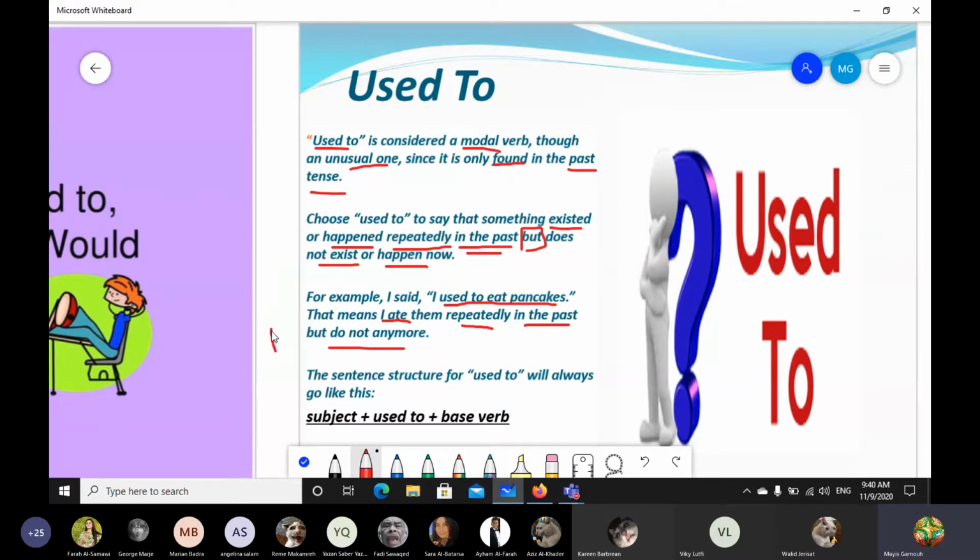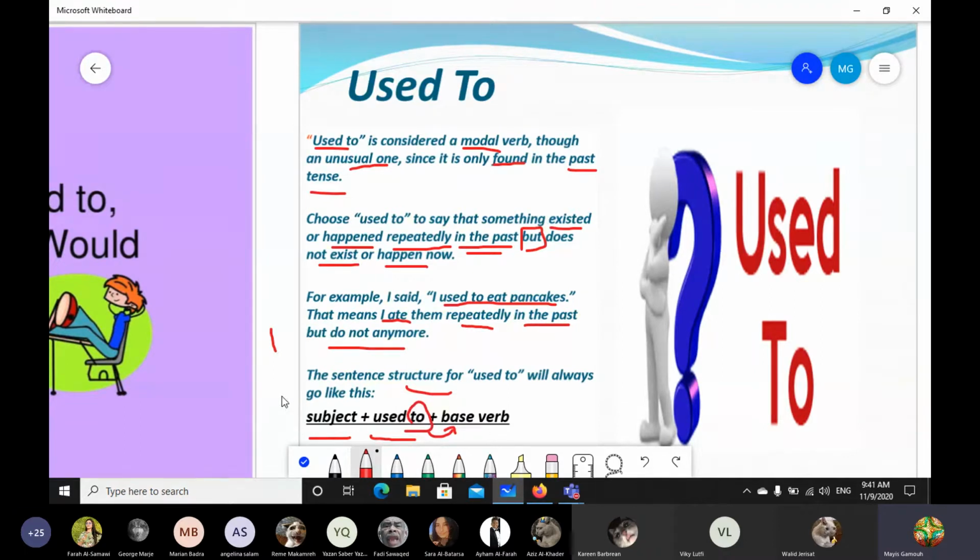Let's look at the form of it. The sentence structure for used to will always go like that. First, we have the subject, I, you, we, they, he, she, it, and then I add the term used to in the past, and it has to be accompanied with the base of the verb. The base means the verb must be in the infinitive, the bare verb after used to, because we know that after to, the bare verb usually comes, except in certain cases.